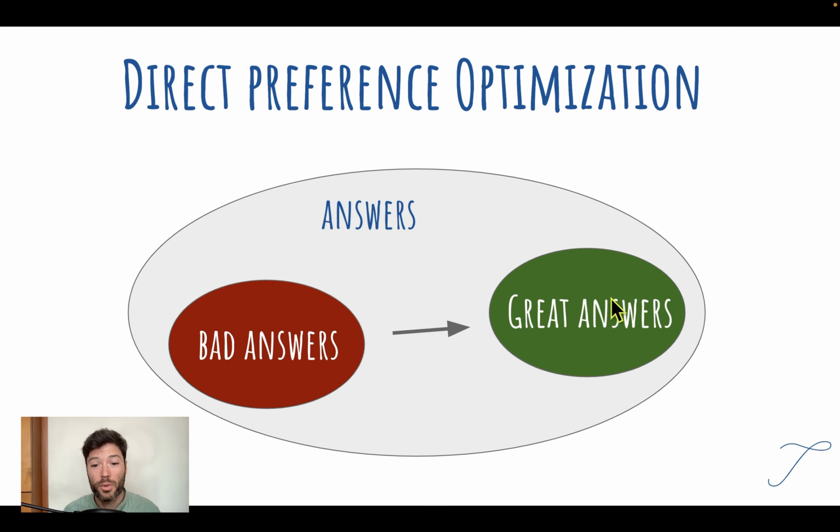And then there are some answers we consider good answers, where maybe there's more of these, but not enough more to statistically get the right answer all of the time. So we have this data set with bad answers and great answers. And how direct preference optimization works is by using pairs of answers, by feeding it some pairs, we bias the model away from bad answers and we bias it towards great, ideally great, but certainly better answers.